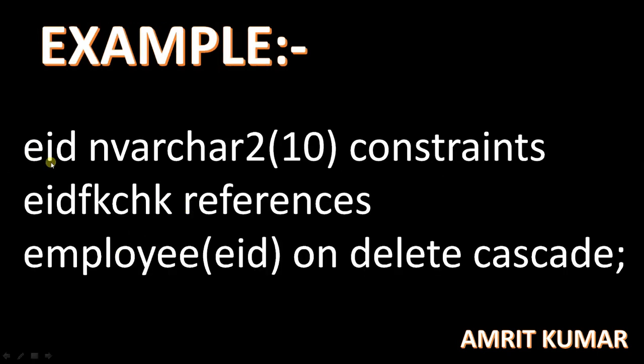Now here is the example. EID, an employee ID, whose data type is NVARCHAR2, size is 10, constraint EID_FKCHK. Here REFERENCES is used for the foreign key. So I am using the foreign key on the EID field, with the keyword REFERENCES and also the keywords ON DELETE CASCADE.